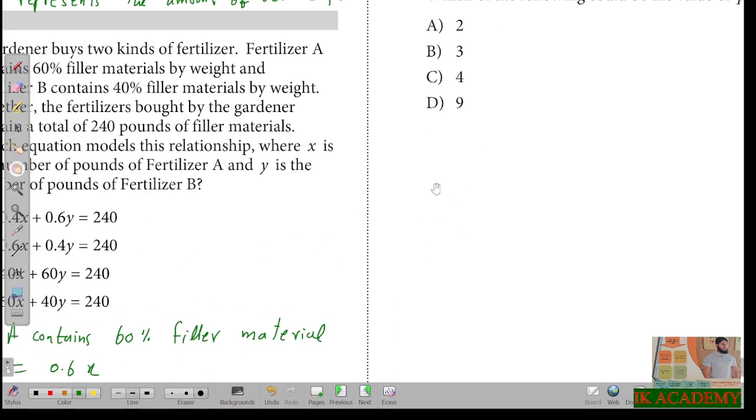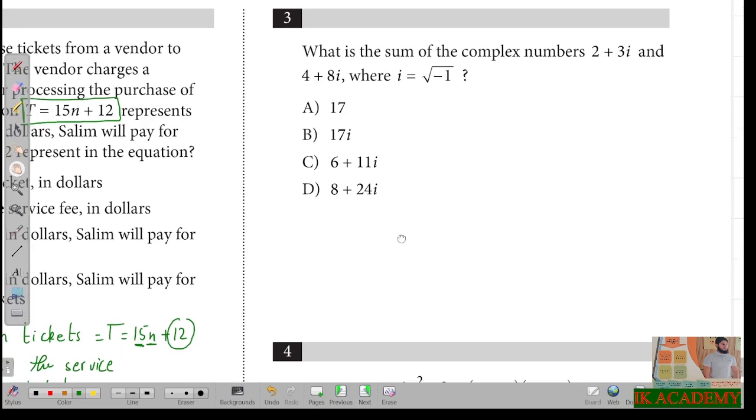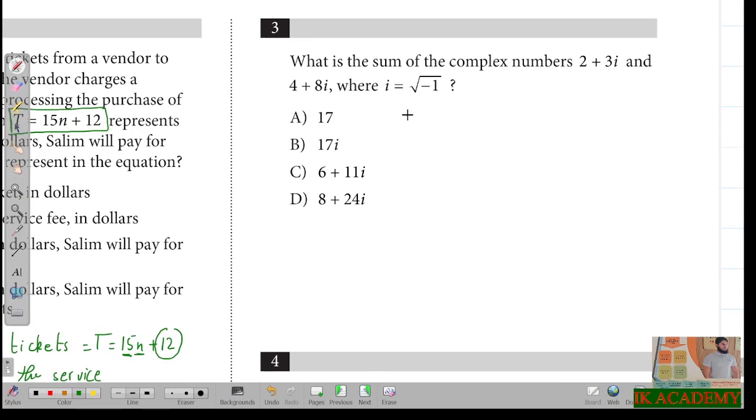Let's jump to the third question. What is the sum of the complex numbers 2 + 3i and 4 + 8i, where i is equal to the square root of minus 1? So this is called the imaginary number.